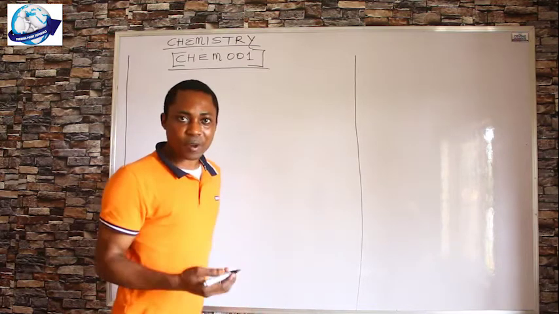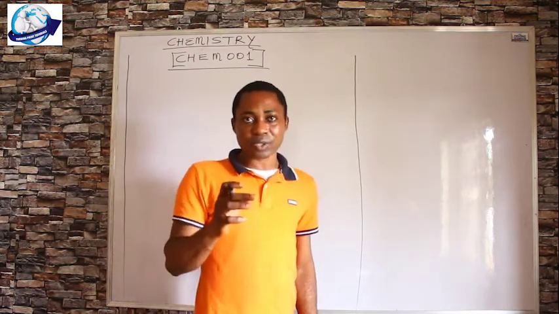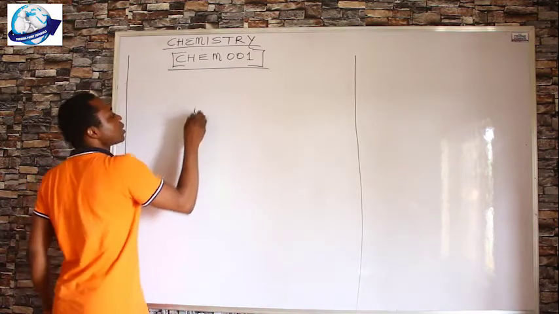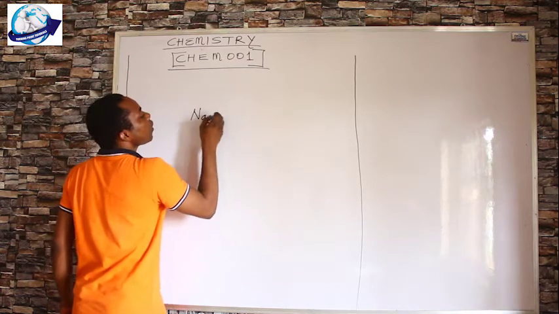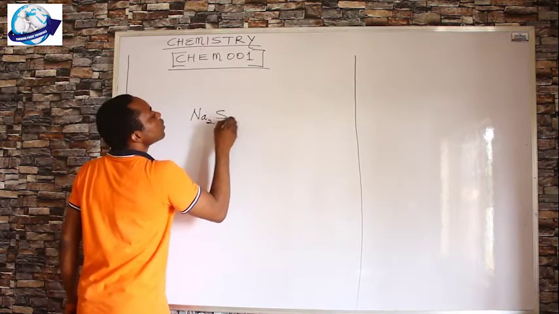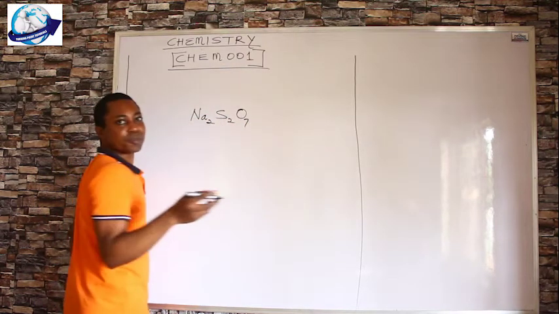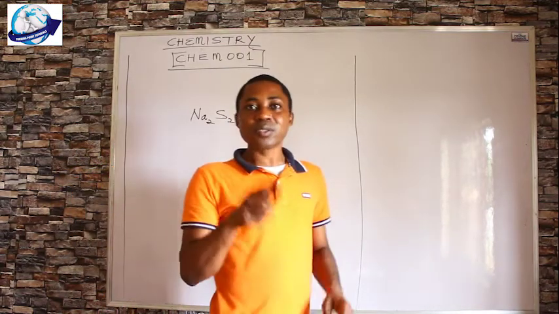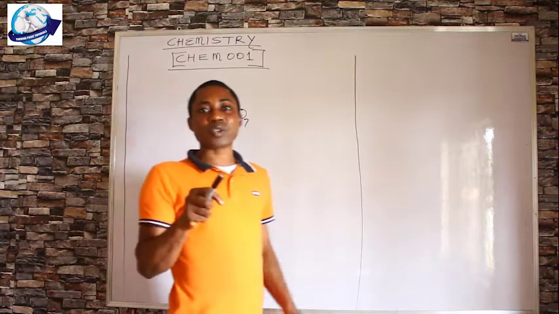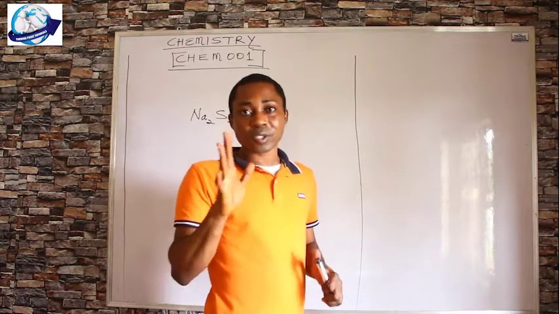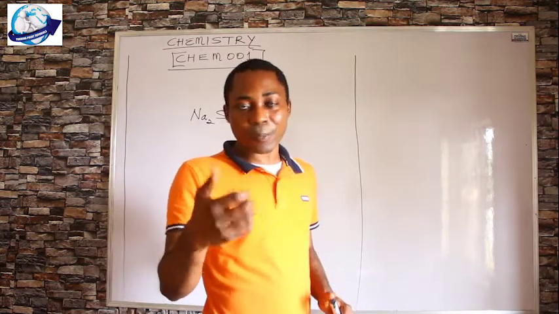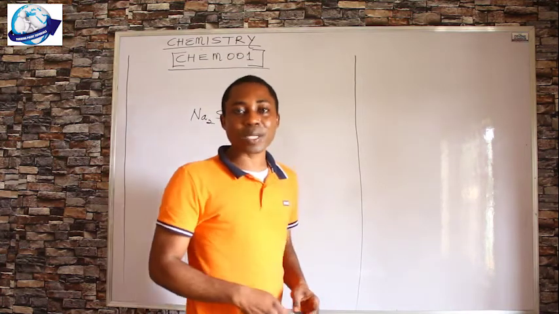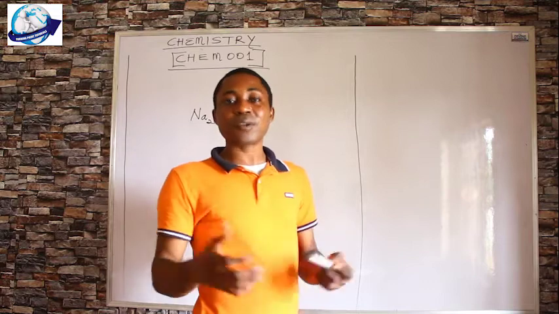For example, if you are asked to find the oxidation number of sulfur in this compound, you should be able to call the name of this compound. One of the uses of oxidation number is to help us write down the IUPAC nomenclature of inorganic compounds.